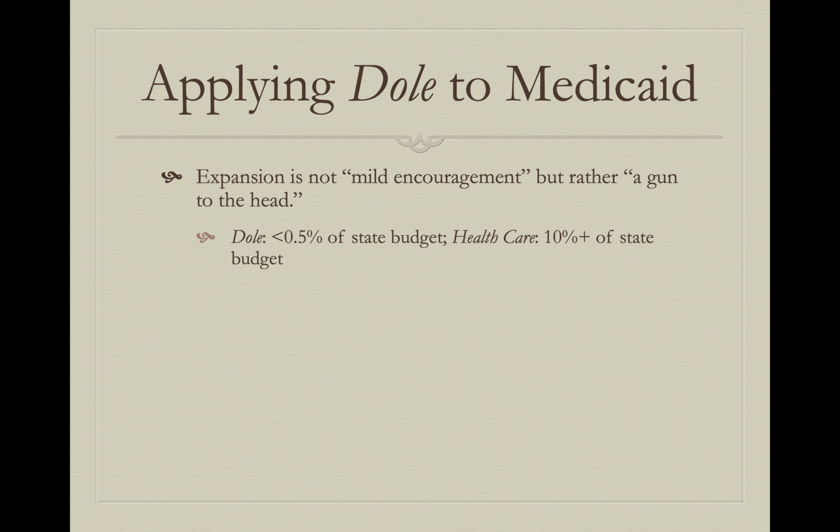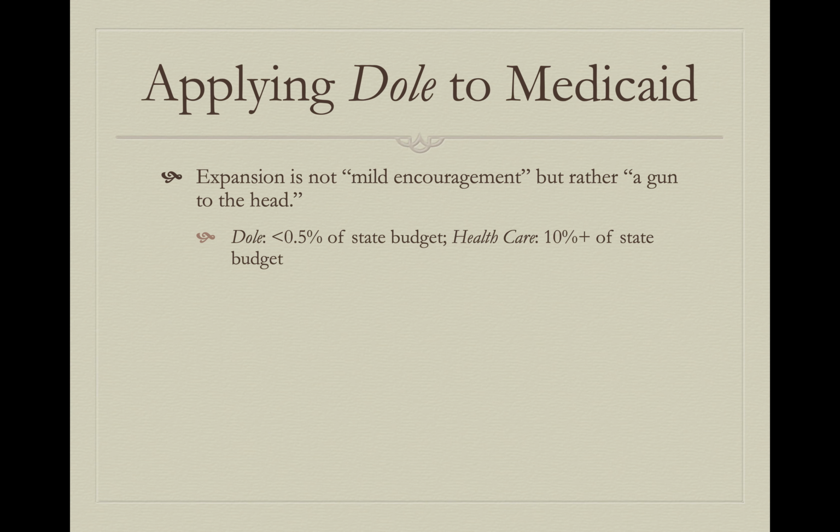Why? The difference has to do with the percentage of a state's budget that a state would lose by saying no to Congress. Right? If South Dakota had said, no thank you, we'd like to keep our drinking age at 18 and refuse the federal money, this would have been less than 0.5% of South Dakota's budget.